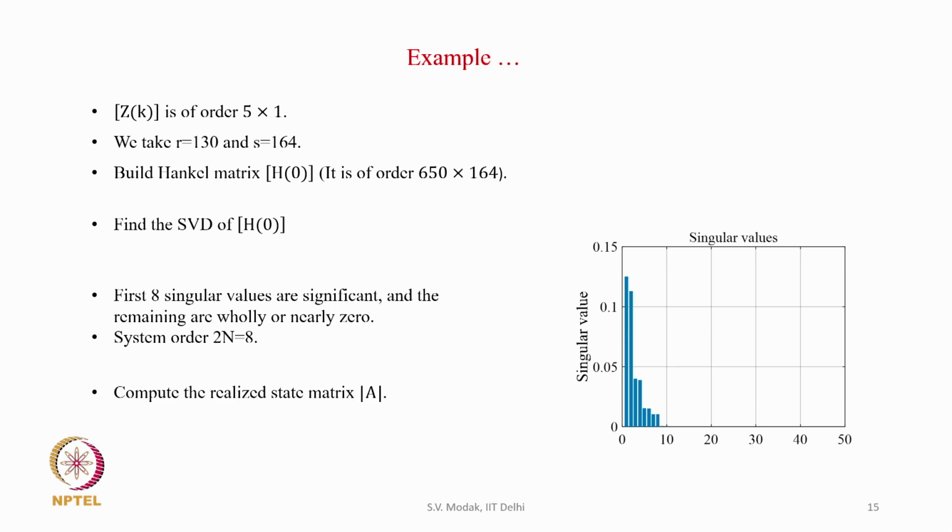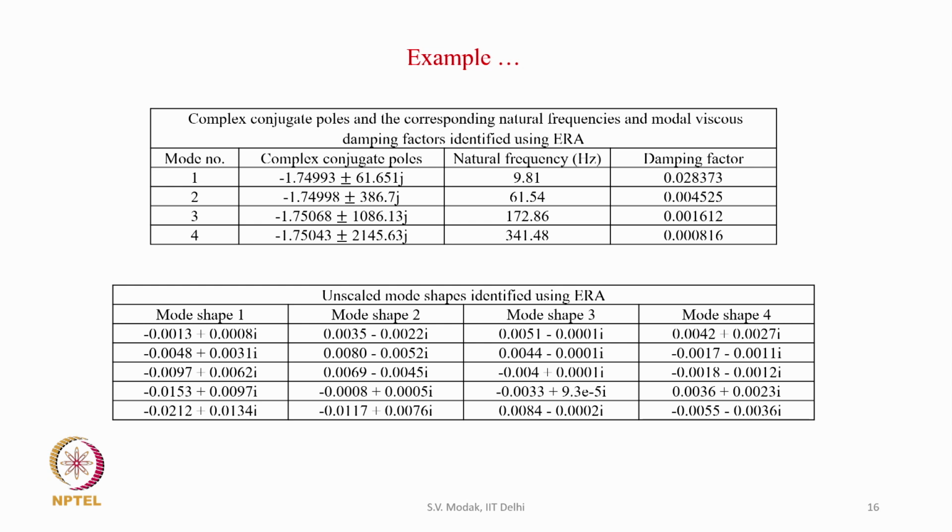Now we compute the state matrix A from the expression we derived earlier, and then we find the eigenvalues and eigenvectors of A, and from that the eigenvalues and eigenvectors in continuous time. In the first table, the first column shows the pairs of complex conjugate eigenvalues, or poles, we got. The second column shows the estimate of the natural frequency from the poles, and the third column shows the modal damping factor for different modes.